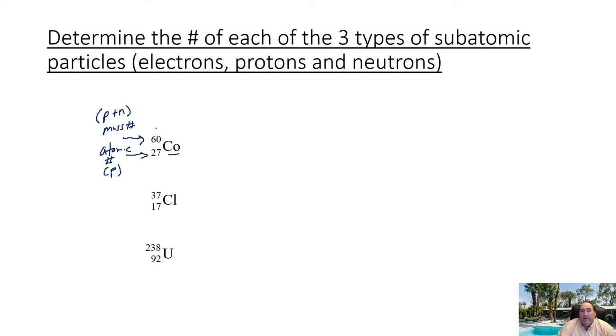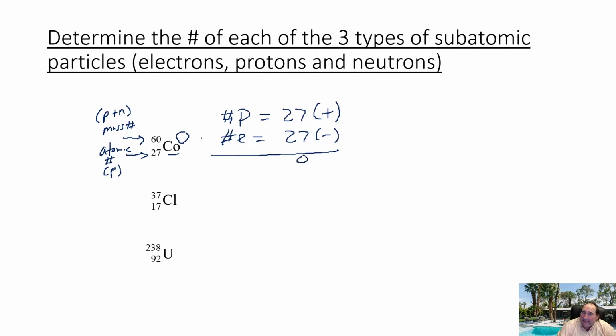So on cobalt, the number of protons would be equal to our atomic number, which is 27. Once again, there is nothing written here, which tells us it is neutral, and it needs to have a matching set of electrons. That is going to give us 0 for an overall charge.